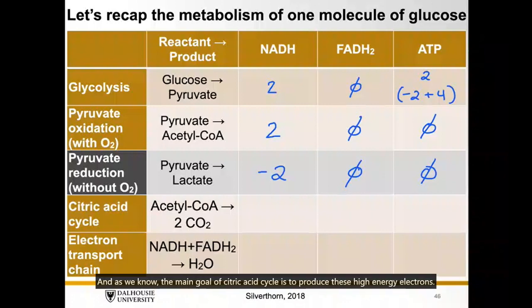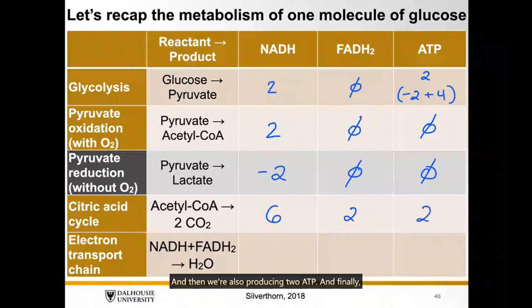As we know, the main goal of the citric acid cycle is to produce these high energy electrons. So we're going to have lots of NADH, 6. We're going to have some FADH2, 2, and then we're also producing 2 ATP. And finally, we take all of the electron carriers that we've produced and we use them in the electron transport chain.